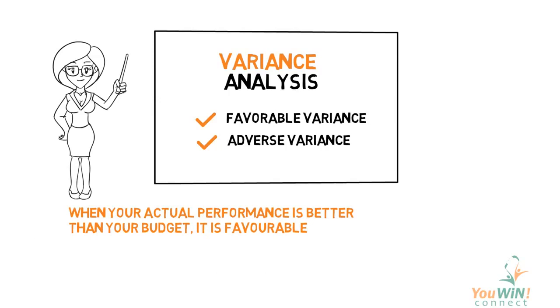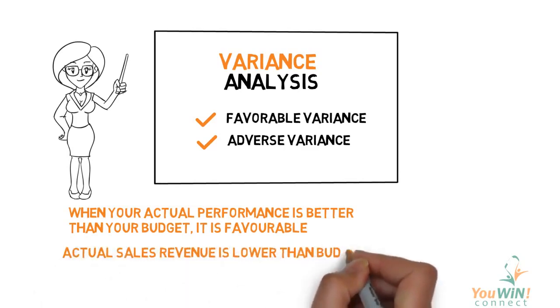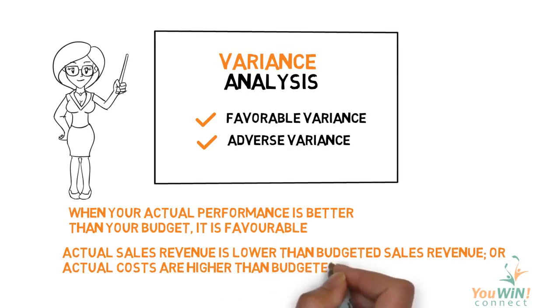When actual sales revenue is higher than budgeted sales revenue, that variance is favorable. Also, when actual costs are lower than budgeted costs, the variance is favorable. Unlike when actual sales revenue is lower than budgeted sales revenue, that is an adverse variance. Or when actual costs are higher than budgeted cost, that is also an adverse variance.